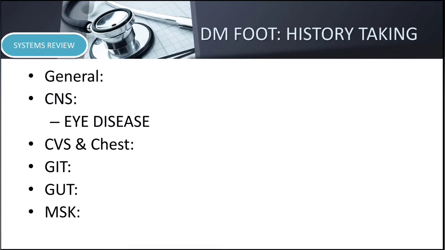And then if you talk about the CVS in chest, we are talking about angina pectoris, transient myocardial infarction, chest pain, etc. Talk about the GIT, your nausea, vomiting, postprandial abdominal pain. If you think of mesenteric ischemia, this is very important. In the genitourinary tract, you have to go through everything that we talk about in the GUT.